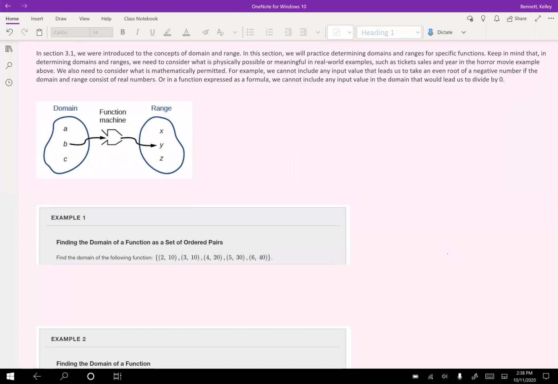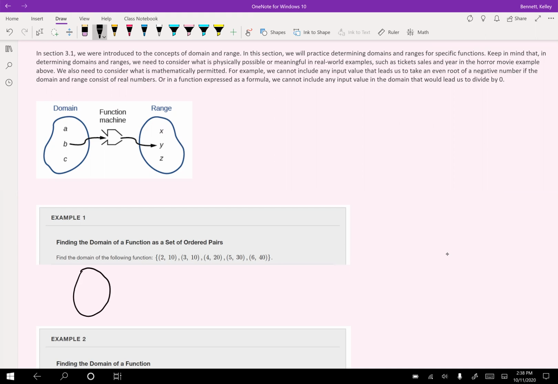If we have ordered pairs, we could think about our domain as all of the x coordinates. So we've got 2, 3, 4, 5, and 6. And so that's going to be our domain.